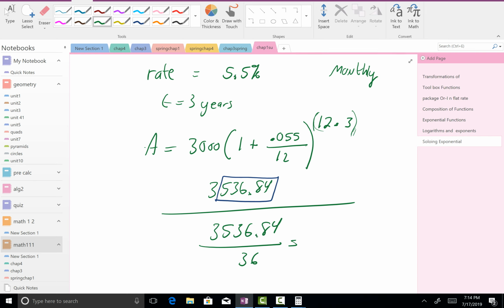So if I take that 105.11 for the monthly one, and I divide that by 100, sorry, not 105, I get 1.0511.